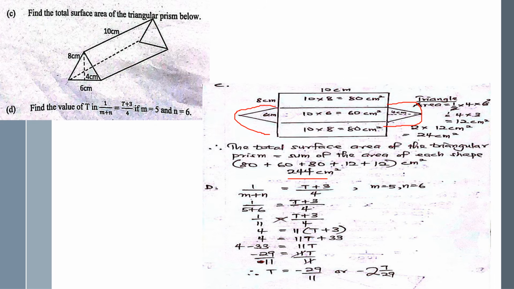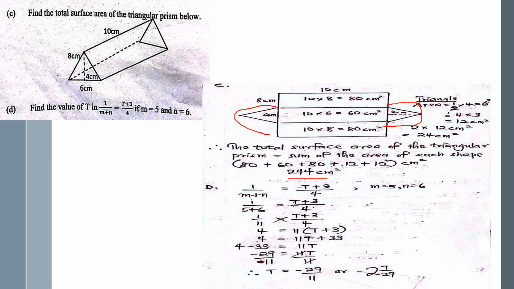244 centimeter square. D, we have to find the value of t in 1 on m plus n equals (t plus 3) all over 4, where m is 5 and n is 6. So here you do a quick substitution where m is 5 and n is 6, and then you find the value of t.